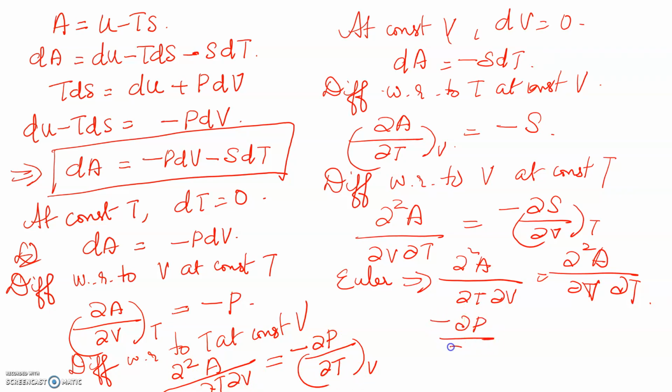Minus ∂P/∂T at constant volume is equal to minus ∂A/∂V at constant temperature is minus ∂S/∂V at constant temperature. The negative sign cancels out.